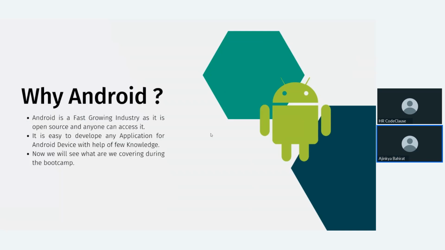So why Android? You may be thinking why we should try to develop Android applications, why we should choose this opportunity or technology as our career opportunity or main technology. Basically, as you know, Android is the most growing in the industry nowadays, as it is open source and easily available. Anyone can develop any sort of applications and publish it in the market easily.